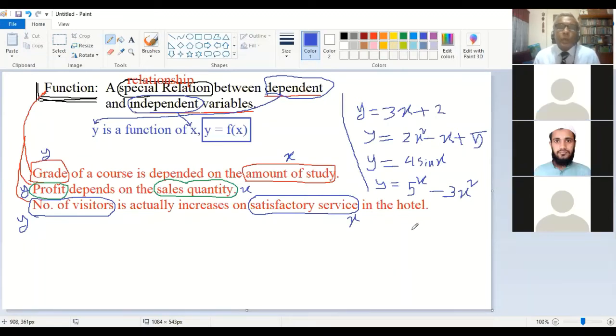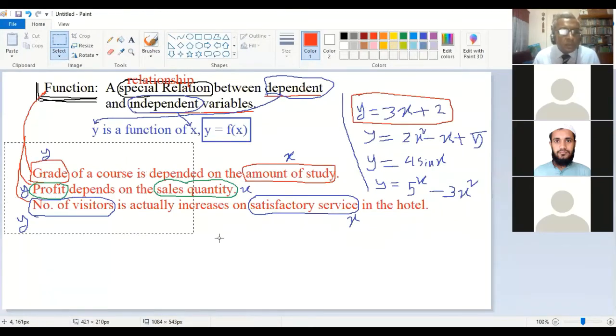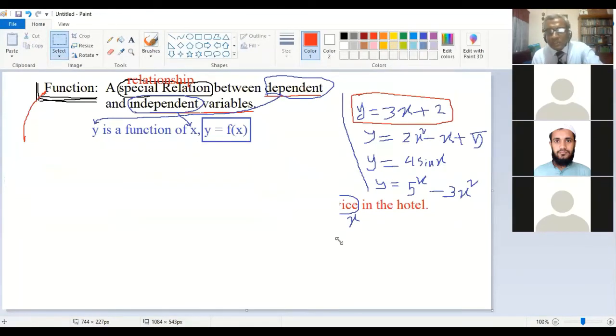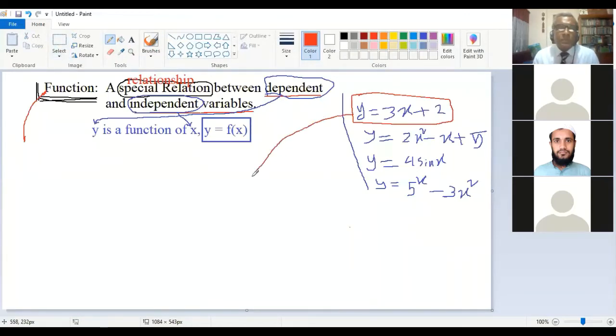Yes, sir. Okay. So for example, the first one is the simplest function example. So for this one, let me erase the sentences. For the first example, I have written y equal to 3x plus 2.